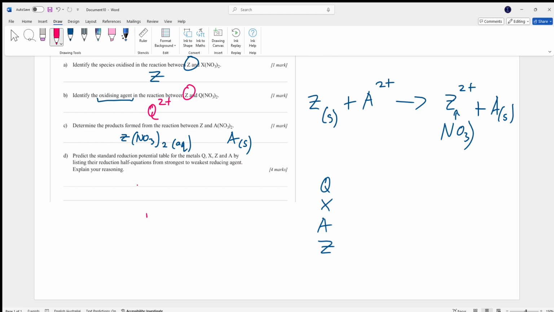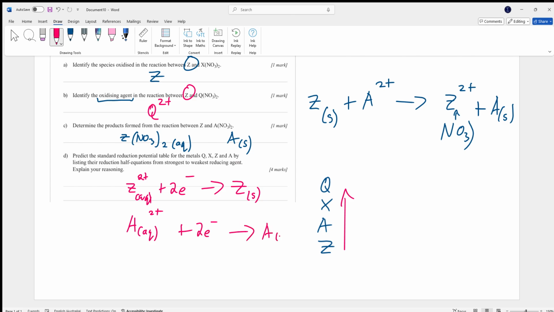So here, we all know they're going to be 2+ charges when they're ions. So what we have to do is put Z at the top, but write it like this. Z, oh, I keep writing zinc. It's probably because I think Z was zinc. Z2+ plus 2 electrons forms Z solid. And literally, we just write it from this direction onwards. So next you would go A aqueous 2+ plus 2 electrons forms A solid.